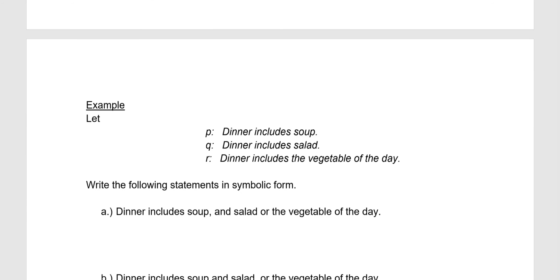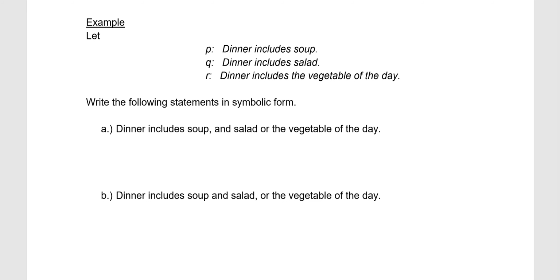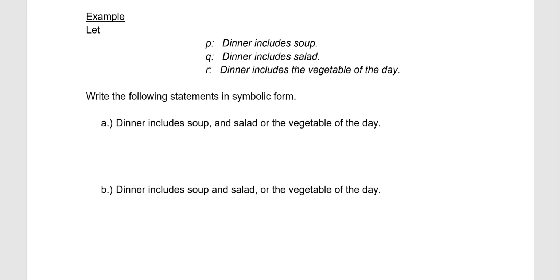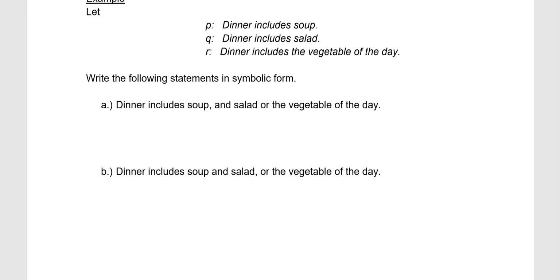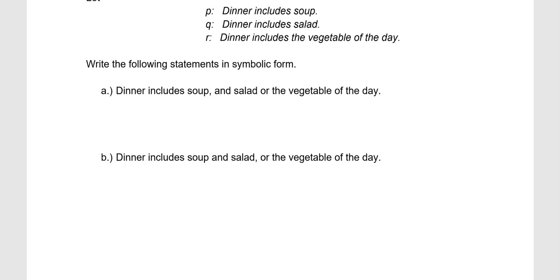Okay, let's do some more examples here. We're going to have P be the statement dinner includes soup, Q is the statement dinner includes salad, and R is the statement dinner includes the vegetable of the day. We're going to write the following statements in symbolic form. So A, we have dinner includes soup, so that's P. And we have a comma, and then we have the word and, so conjunction.